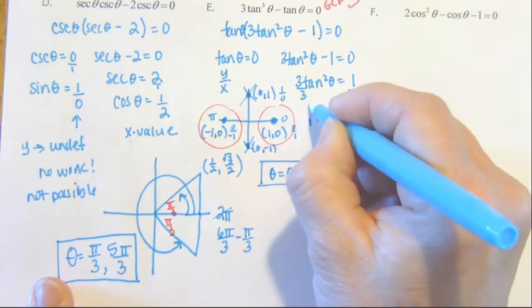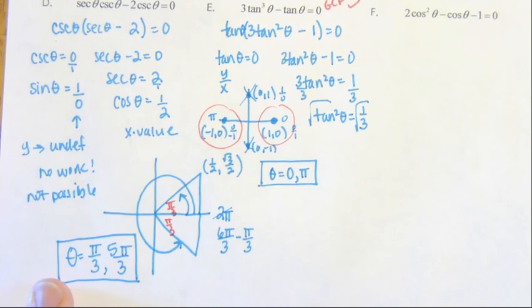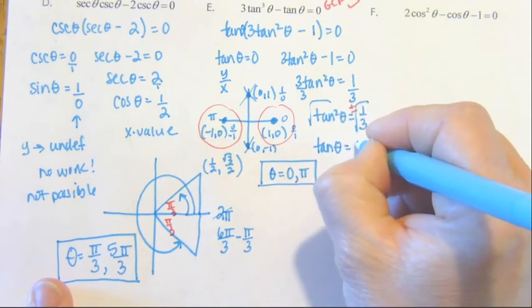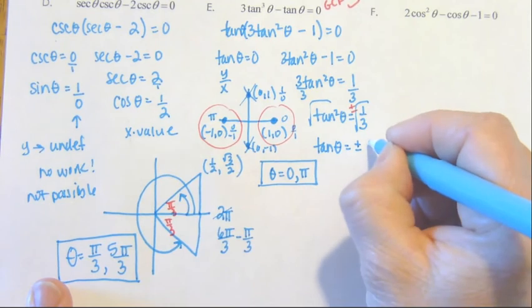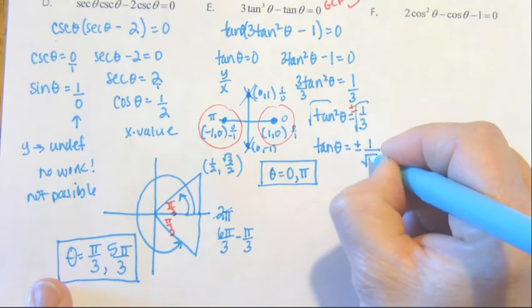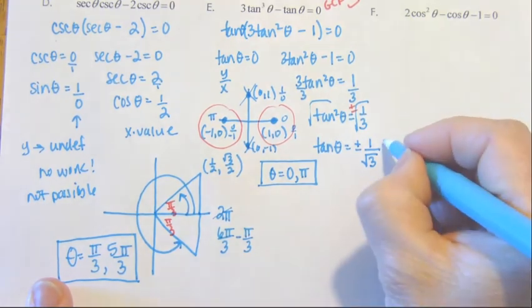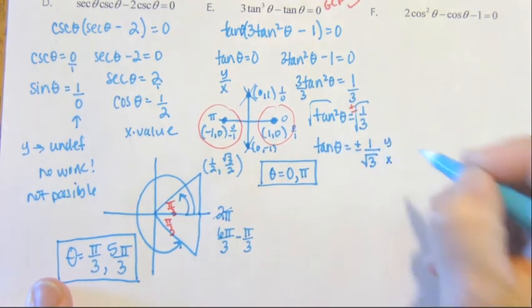To get rid of the square, use square root. Whenever you take square root, you're going to have to make sure you do plus or minus, so don't forget about that. So tangent theta equals plus or minus, the square root of 1 is 1, the square root of 3 is radical 3. I know I can't leave it like that, but for now I am, just because I know that tangent means y over x.